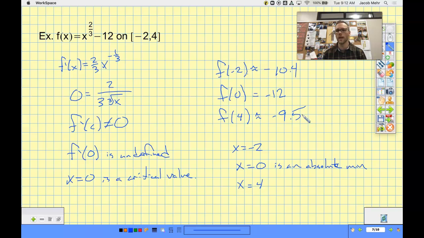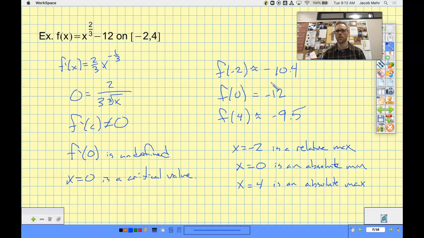Which one is the absolute maximum? This one is higher than that one. So x equals 4 is an absolute max, where negative 2 is a relative max.